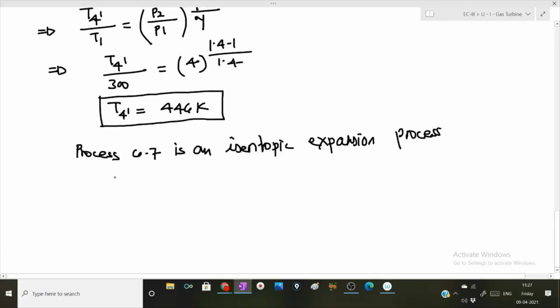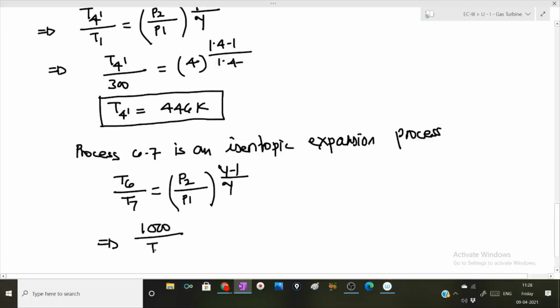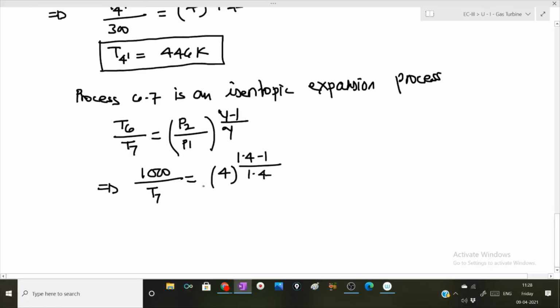What does it mean? T6 over T7 is equal to, once again, P2 by P1 to the power gamma minus 1 over gamma. T6 is 1000 Kelvin. T7 is to be calculated. The pressure ratio is 4, and 1.4 minus 1 over 1.4. So from here, T7 will be 673 Kelvin.